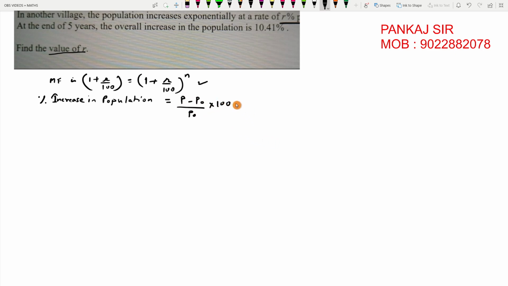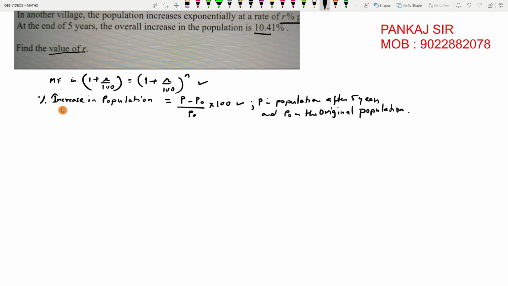This is the second formula that we are going to use, okay, whereby P is the population after the 5 years and P naught is the original population. Okay, fine. And the increase in the population is given in the question as 10.41.